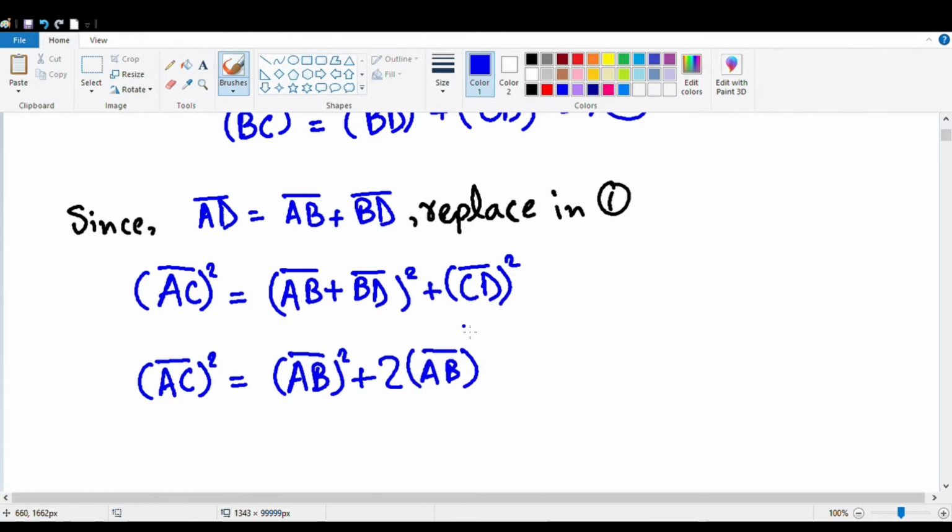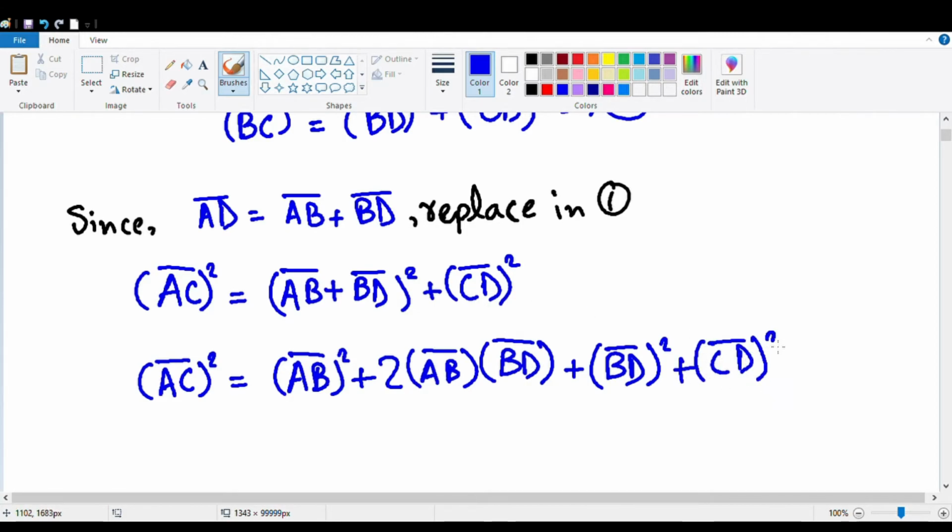This might be a little confusing because I'm saying A into B. But AB, which is A, into B, which is BD. So 2AB into BD plus BD whole square as well. So that's like B squared, this is A squared, this is 2AB, plus CD squared. This was already there, right?